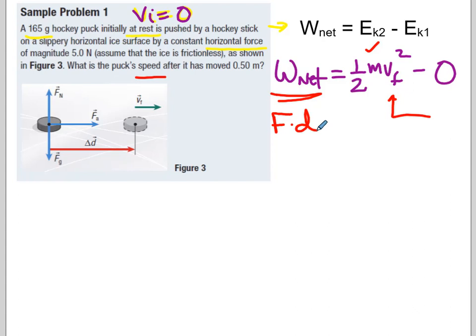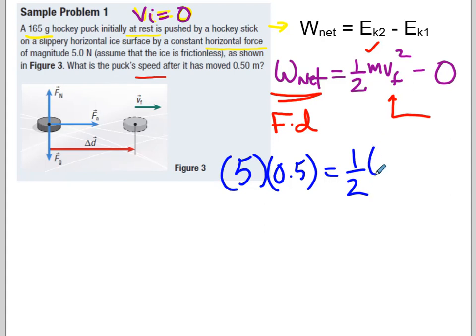So I can take this expression and I can say force, which we know is 5 newtons. That 5 newtons was applied over 0.5 meters. I know my equation for kinetic energy is 1/2 mass. The mass of the hockey puck is 0.165. And then my V final is all squared, and that's what I'm trying to solve for. Okay, so let's just do a quick bit of calculating here.